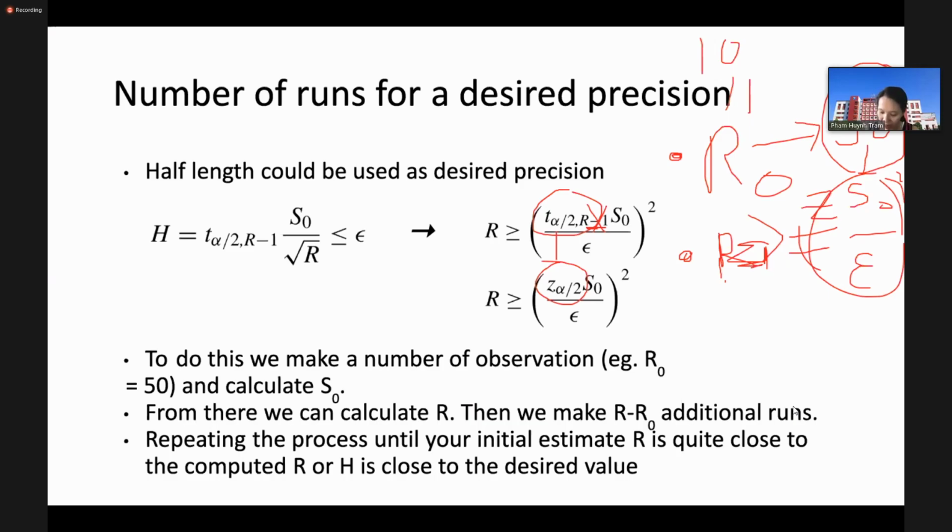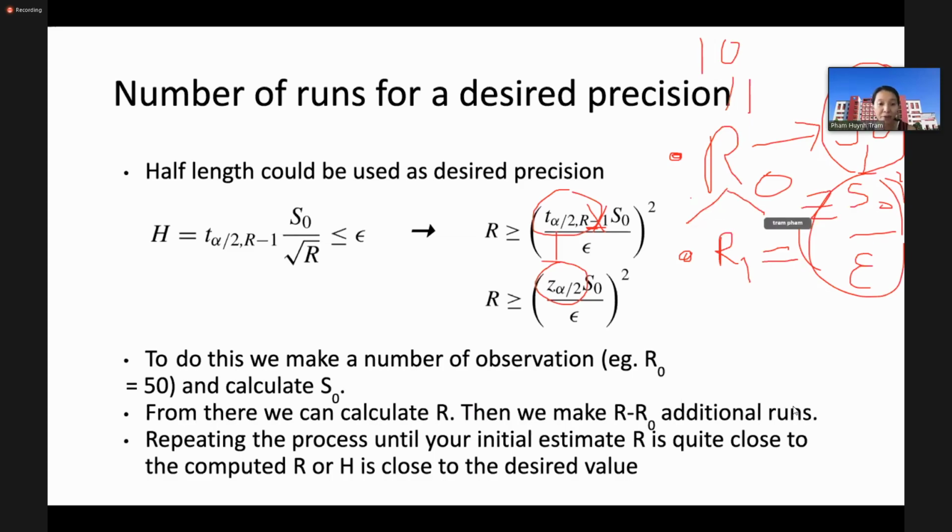And this time our R1 would be different from the first time, and of course it would be larger than the first time.